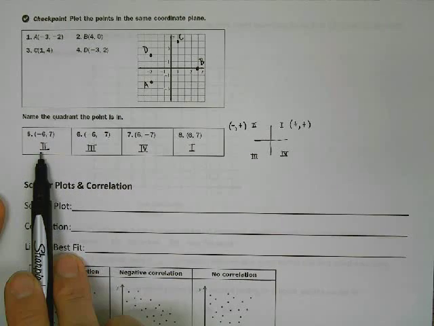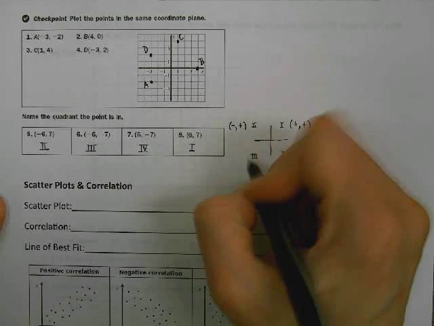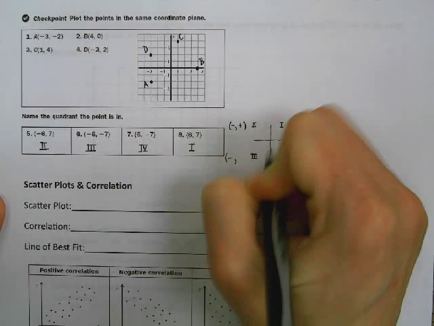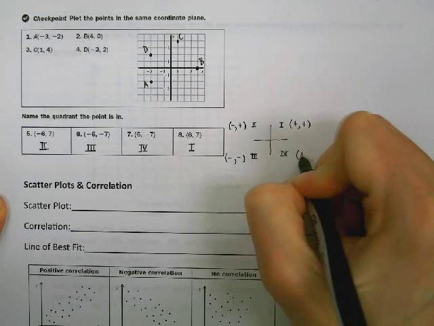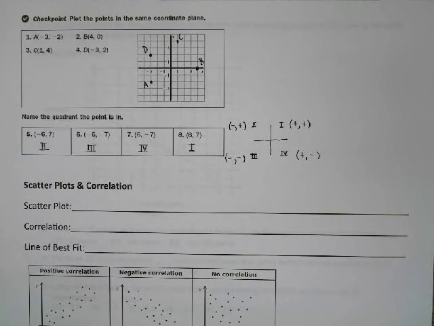Again, matches problem number 5, a negative x and a positive y. We could complete this here. In quadrant 3, I have a negative x and a negative y. And then in quadrant 4, I have a positive x and a negative y. So that could help you quickly identify what quadrant you're in.